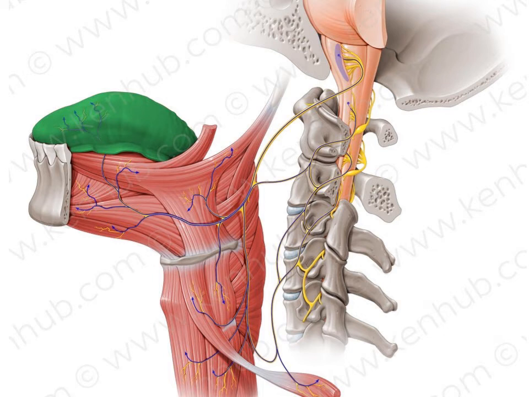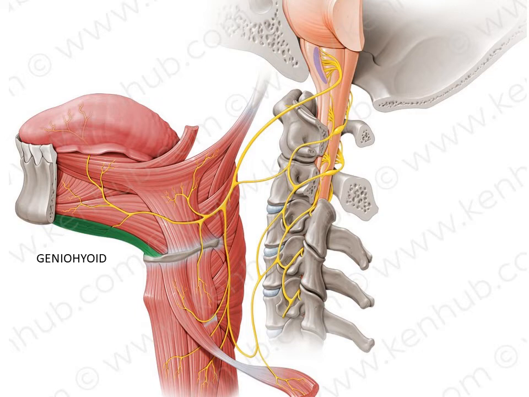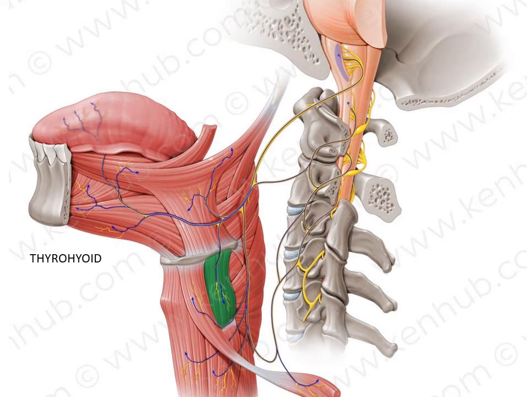All the intrinsic muscles of the tongue are supplied by the hypoglossal nerve, including the superior and inferior longitudinal muscles, the vertical muscles, and the transverse muscle group. Then a branch coming out from C1 to C2 also provides innervation to the geniohyoid and thyrohyoid.